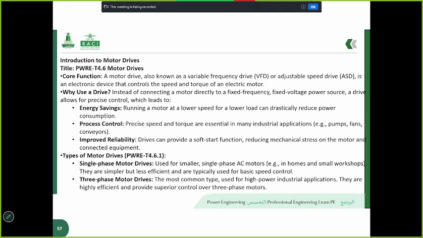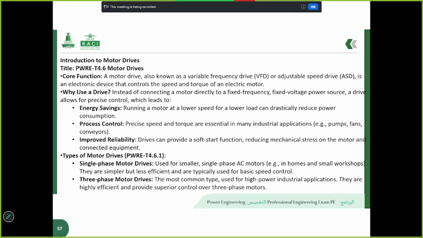VFD allows the motor to operate at a reduced speed during a low load period, which drastically cuts down on energy consumption. Furthermore, in processes that require precise speed and torque, such as in manufacturing or on a conveyor belt, drives provide the necessary control to optimize the operation.